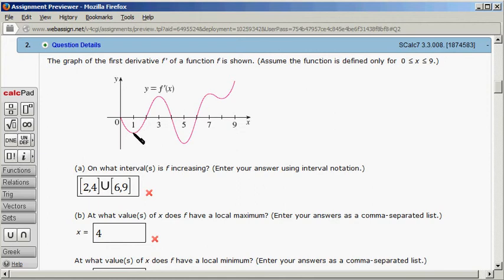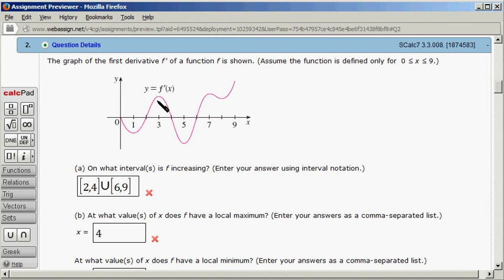At this point, going from decreasing to increasing indicates that if the first derivative is decreasing, the original function is concave down. If the first derivative is increasing, it's concave up. So a change in concavity translates to a change from increasing to decreasing in f prime. Here at 1, it changes concavity.